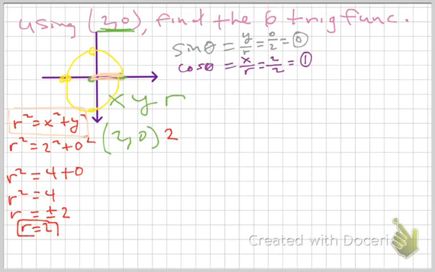Boys, next one. What 2 letters? Which gives us 0 over 2, which is 0.